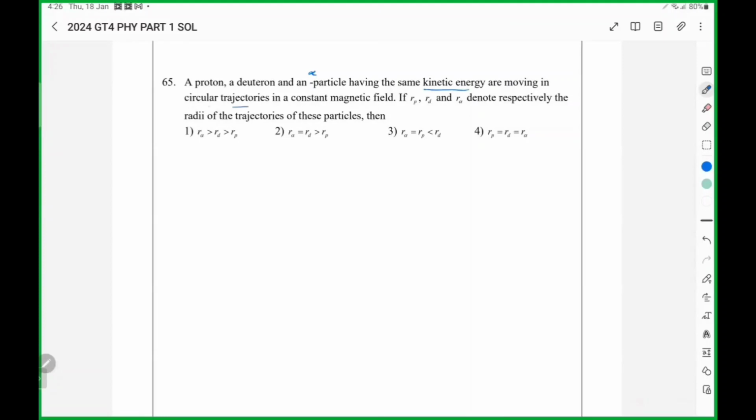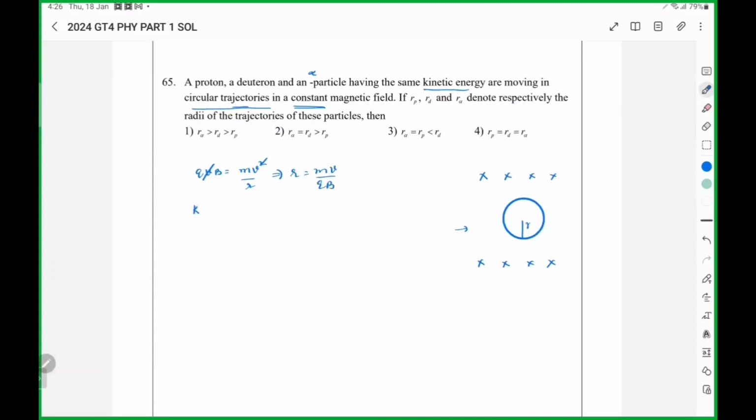Next, charged particles moving in circular trajectories are kept in a constant magnetic field. When a charged particle enters a magnetic field, it moves in a circular path due to the magnetic field. The force due to the magnetic field on the charged particle provides the necessary centripetal force.